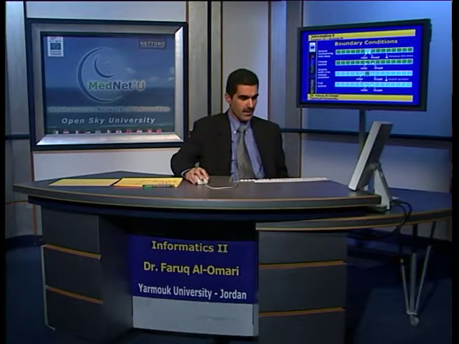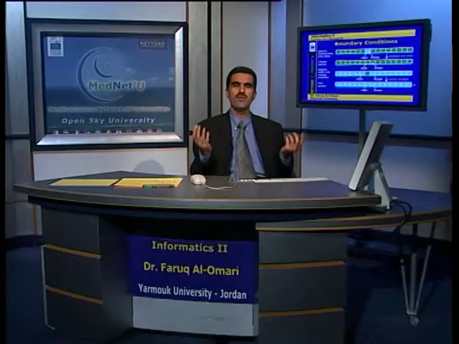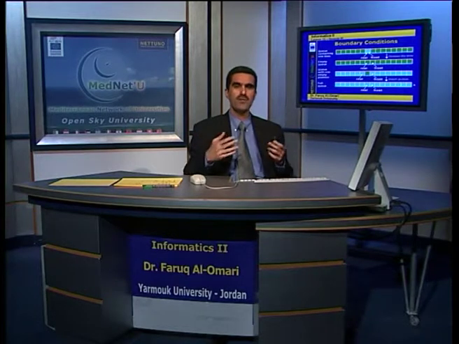However, look at this situation in here and this situation in here. Both rear and front are pointing to the same locations. However, the entire queue is empty here whereas it's full here. So how would I know whether my queue is full or empty?